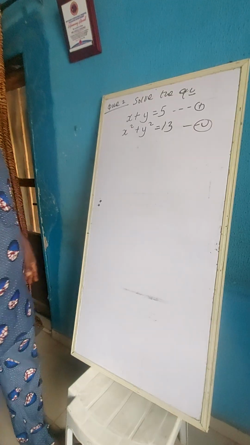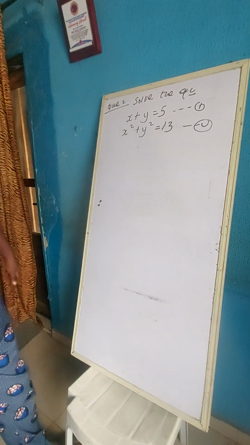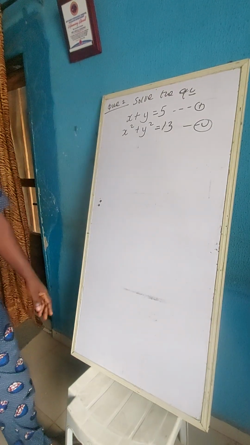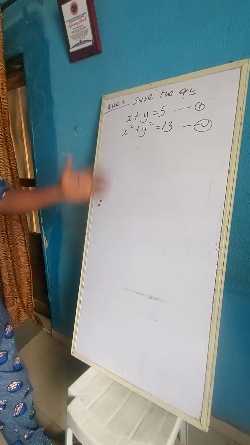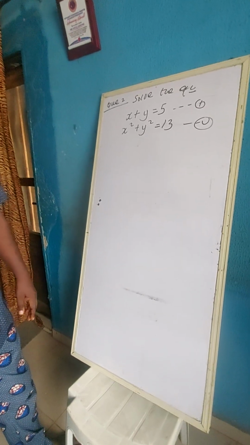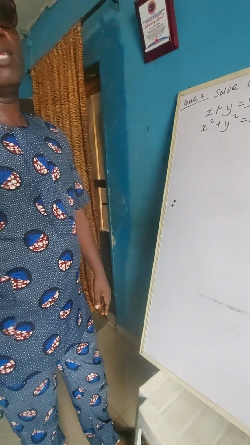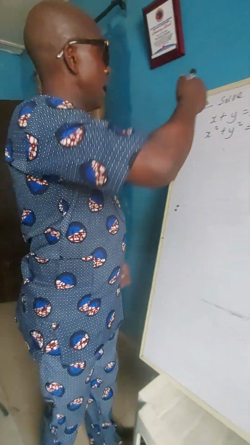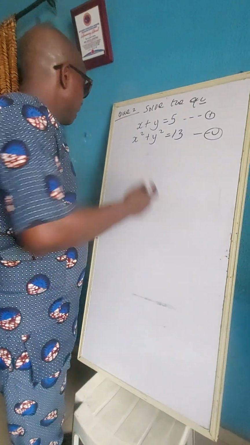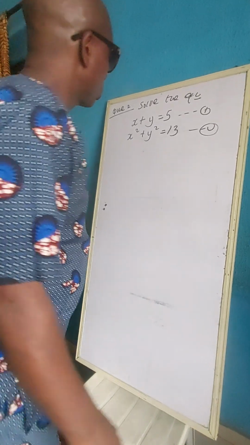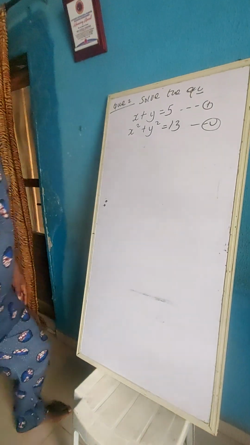How do you do this? From equation 1, make either x or y the subject of the formula, then you substitute. That's how it is. x plus y equal to 5. x squared plus y squared equal to 13.